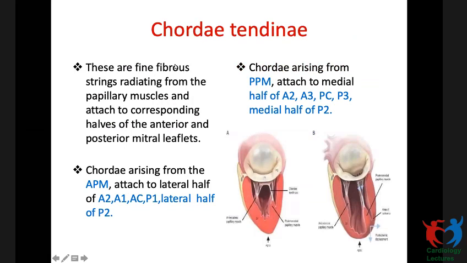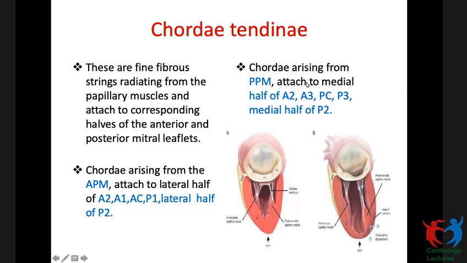The chorda tendineae, one minute. These are fine fibrous strings radiating from the papillary muscles and attached to corresponding halves of the anterior and posterior mitral leaflets. Chorda arising from the anterior papillary muscle are primarily attached to the lateral half of A2, A1 and the anterior commissure, and P1 part of the posterior commissure, lateral half of P2.